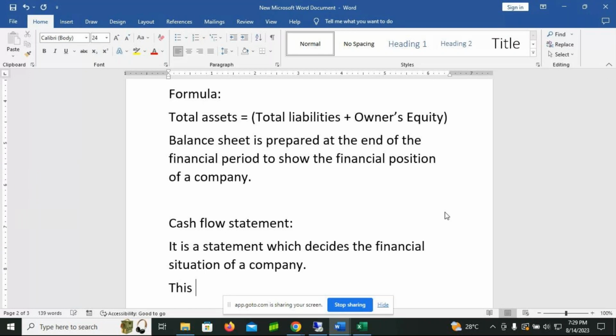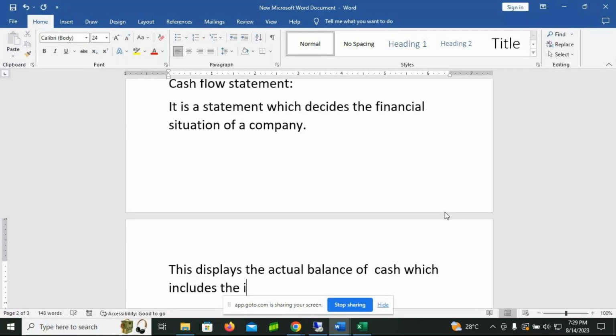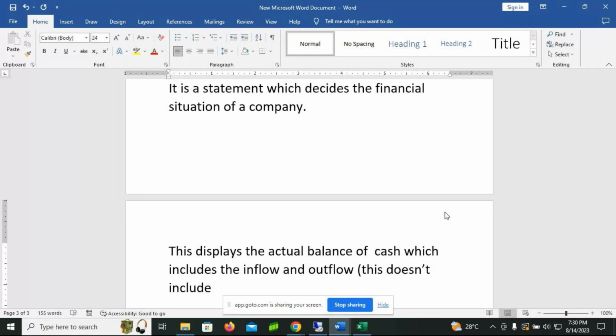This displays the actual balance of cash, which includes the inflow and outflow, but this doesn't include payables or receivables.